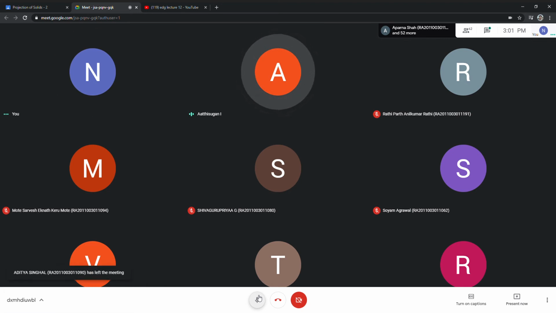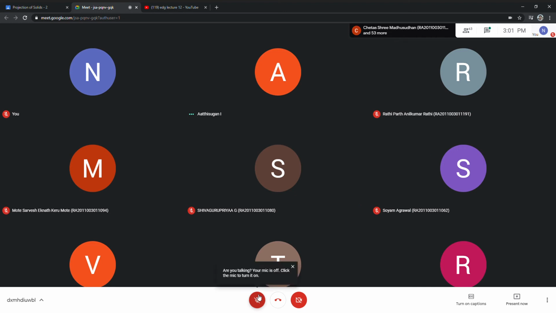Nikhil, you are showing some answers now, trying some cone and all. Whether the final answers are coming properly, whether the front view, top view, side view are coming properly based on your final answers. Are you getting my point, Nikhil?